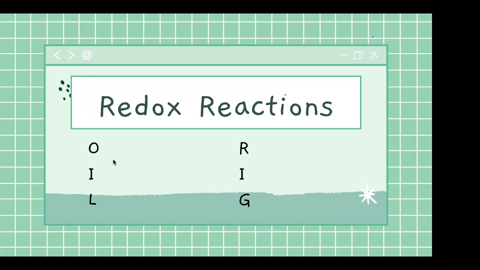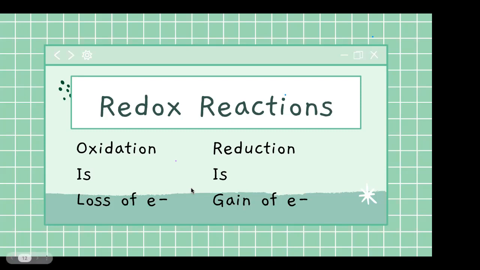Is losing electrons, right? Yeah, thank you, Daniel. So oxidation is losing electrons, a loss of electrons, and then reduction is the gain of electrons. So if you remember that on the test, you can help yourself with that acronym if she asks you which one is undergoing oxidation, which one is reducing.